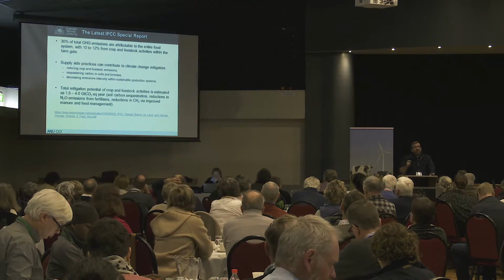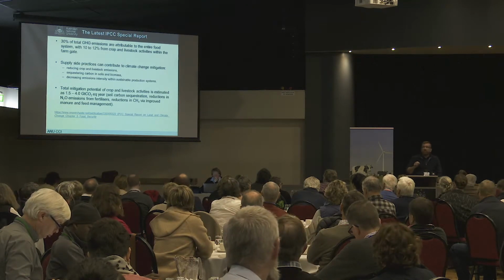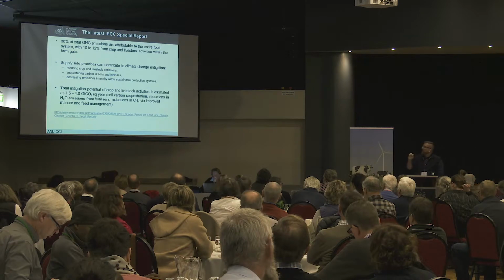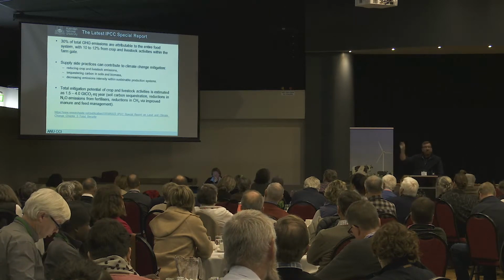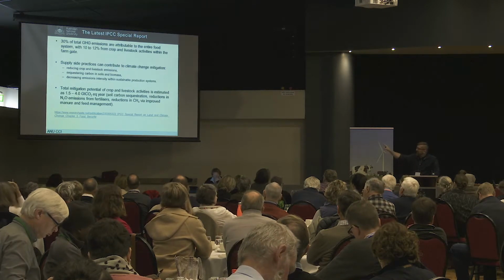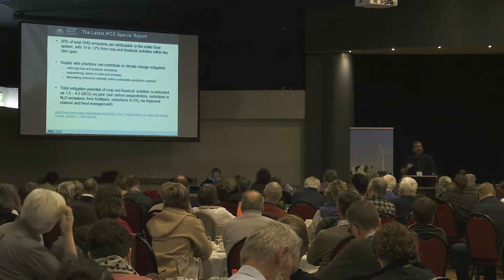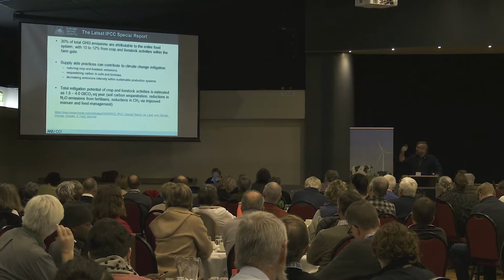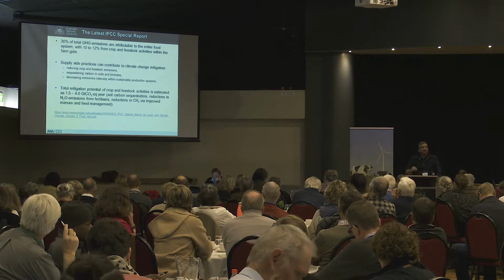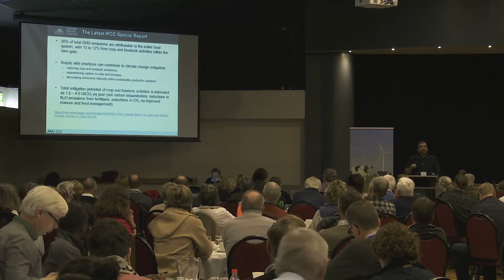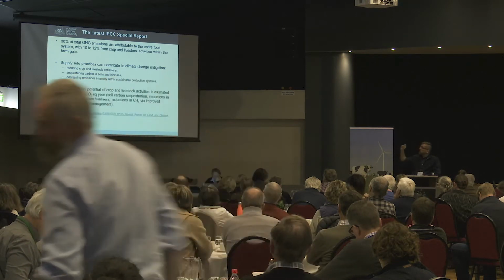About 2 weeks ago, there was a report released on the role of land use in global emissions. These are some headline statements from that report. If you are interested, have a look at that link, and apologise for the length of the link, but it is an important piece of information around the contribution of land use and land use change.